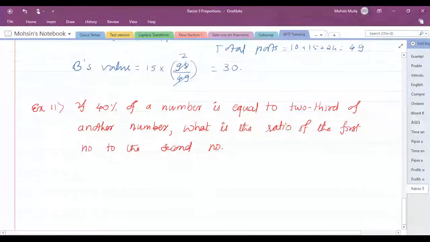I will not give the options. Find the answer first, then I will give the options. Let me see what your answer is, because you have to solve it now.